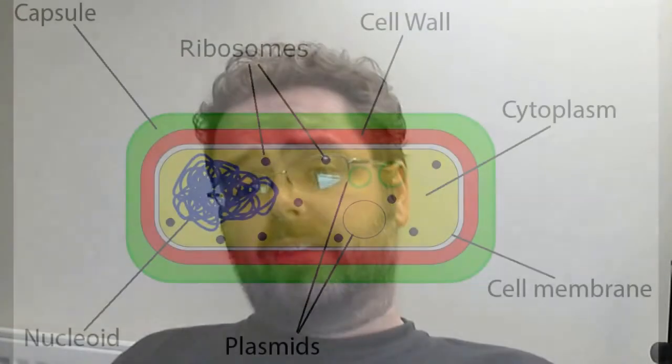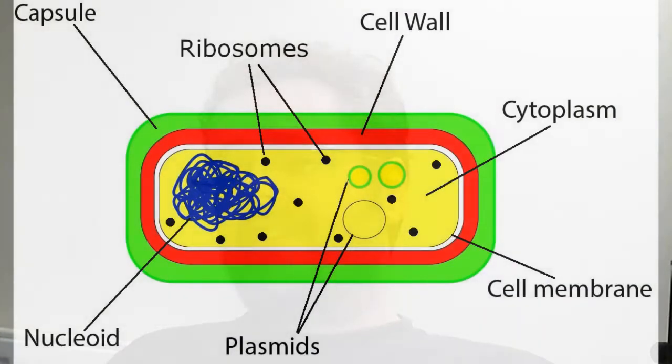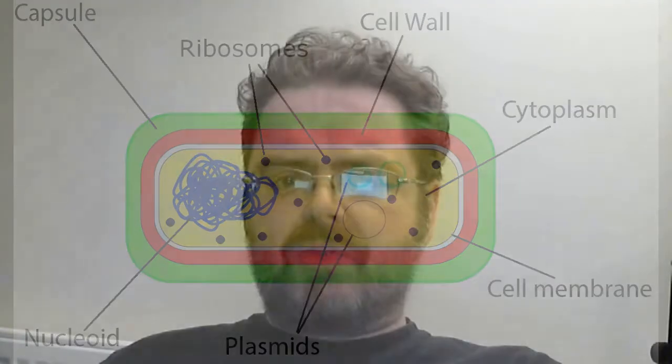Right. Since we're talking about DNA, we'll move over a bit further into the cell, and you see those things there? Those things are plasmids. Now, plasmids are small circular structures usually of, and this is important, self-replicating genetic material. They tend to be somewhere between 1,000 and 200,000 base pairs in length, so pretty small.